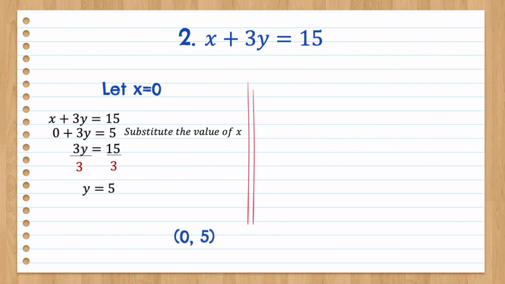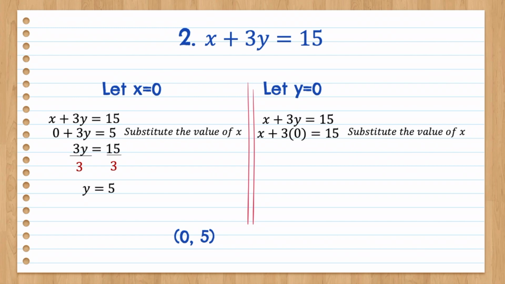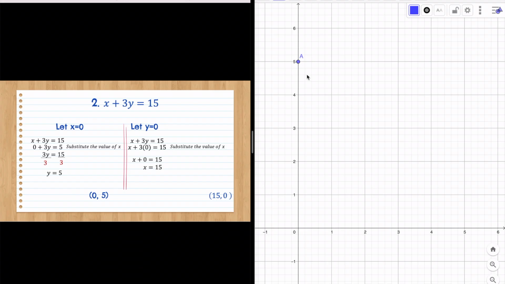And then you let your y is equal to 0. So, again, replace the value of your y with 0. So, ito, 3 times 0 is just 0. So, you have x plus 0 is equal to 15, which is just x is equal to 15. So, you have your 2 intercepts. This is your y-intercept. This is your x-intercept. Okay, so you have 0, 5.